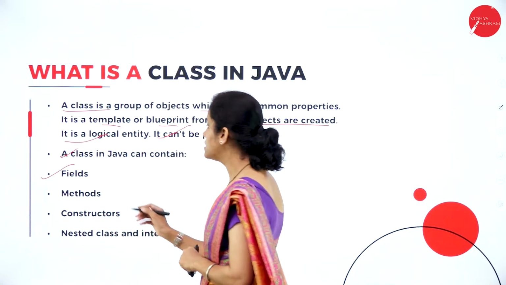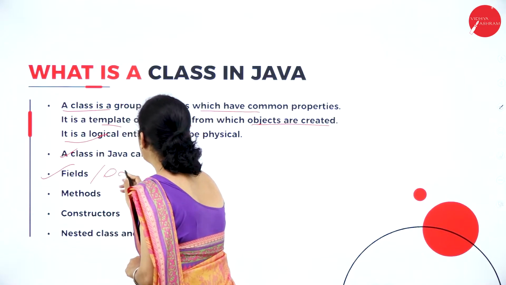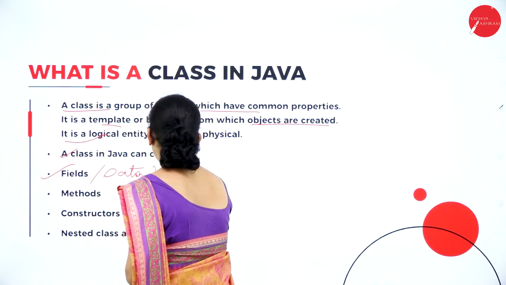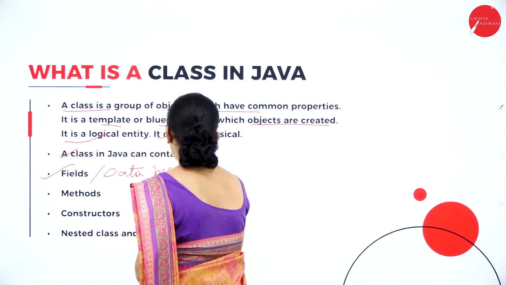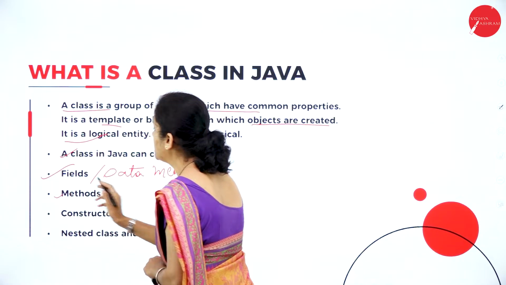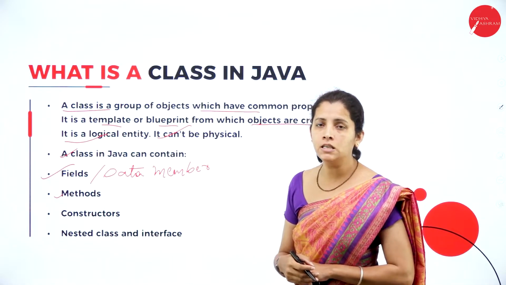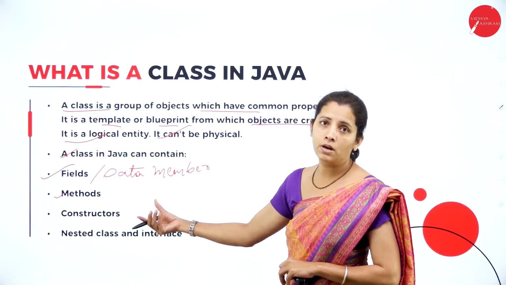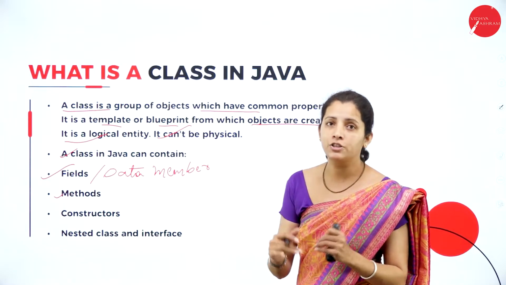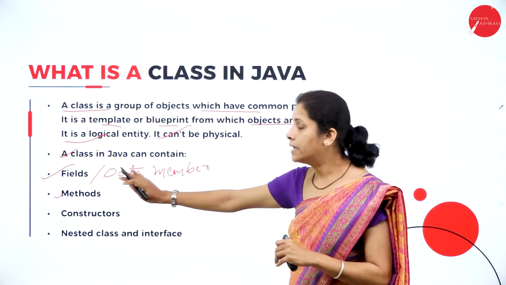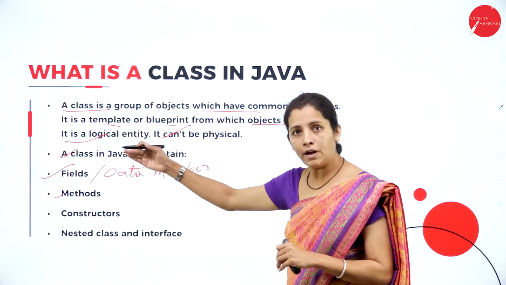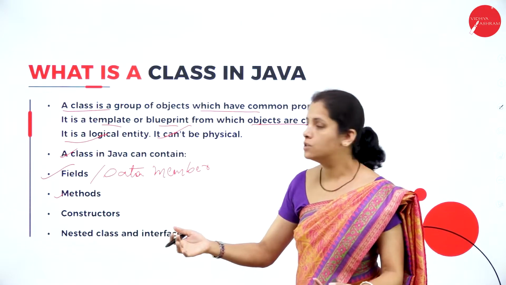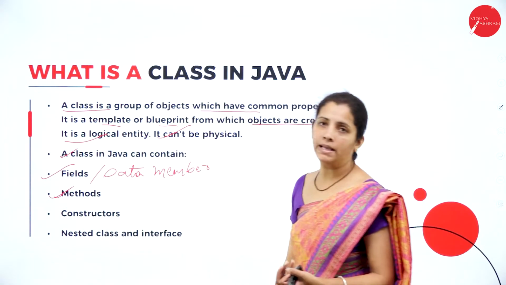Here fields are nothing but the data members, and methods. So what is a method? If I consider a C program, methods are nothing but the functions. Similarly, in Java, functions are nothing but the methods. So here I have the methods.